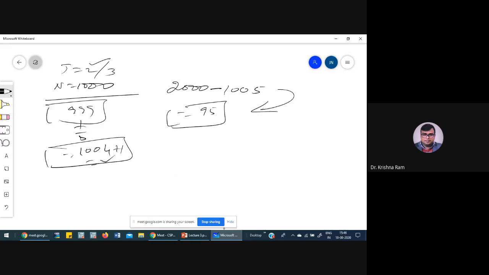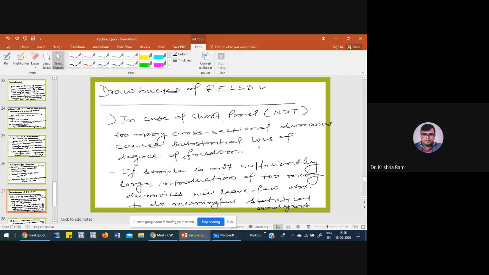So we lose substantial degree of freedom when we work with a larger cross-sectional unit with a smaller time period. And that is one major drawback of panel data.